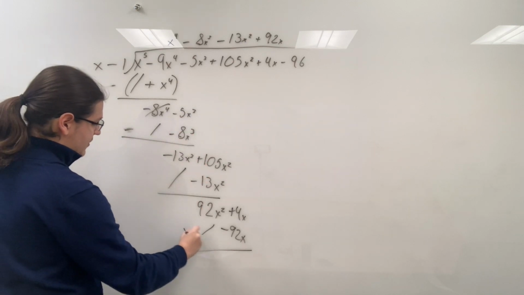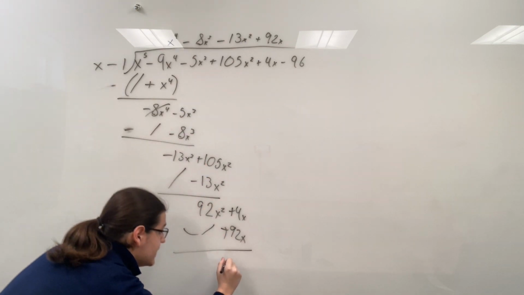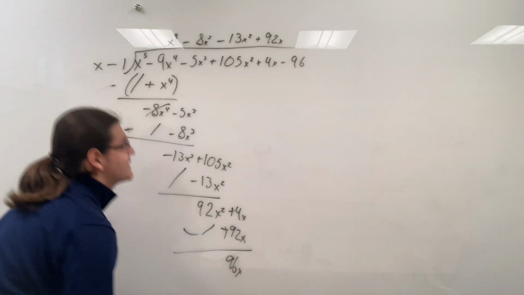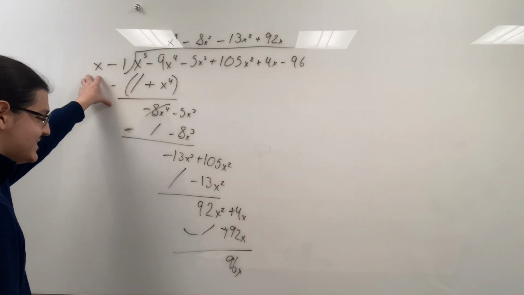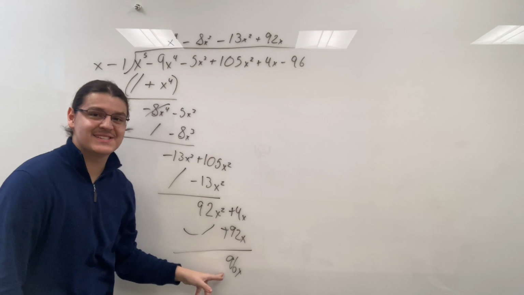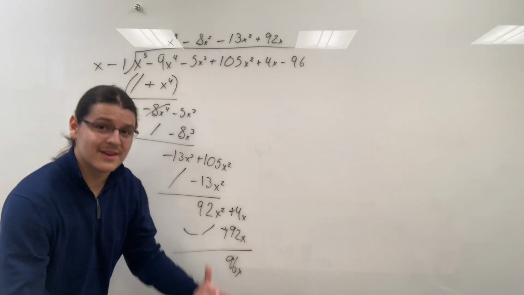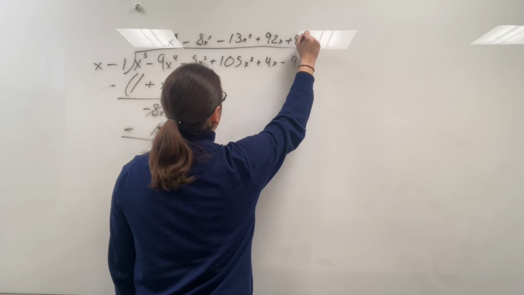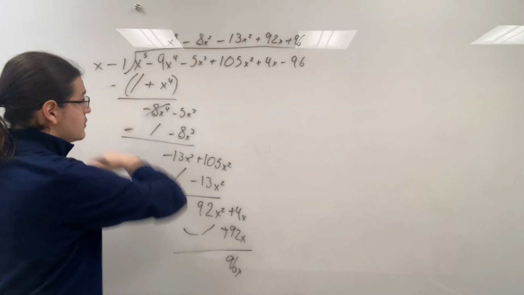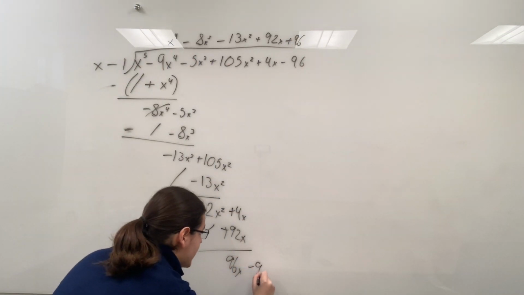Subtract the whole thing. So this is adding 96x. How many times does x fit into 96x? 96 times. And now we can solve this through, right? We would get negative 96 right here.